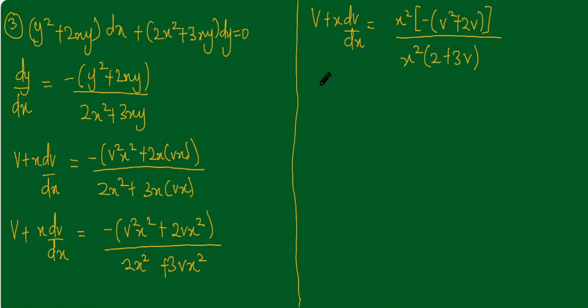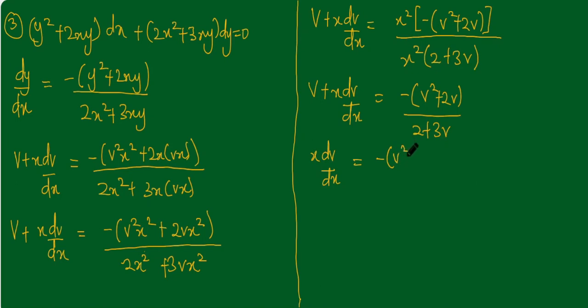So on simplification, we now have v plus x dv dx is equal to minus v squared plus 2v divided by 2 plus 3v. So we can subtract v from both sides, and we have x dv dx is equal to minus v squared plus 2v divided by 2 plus 3v minus v.